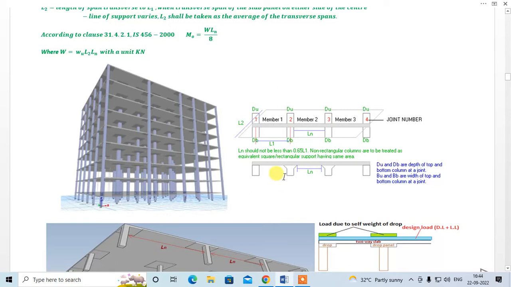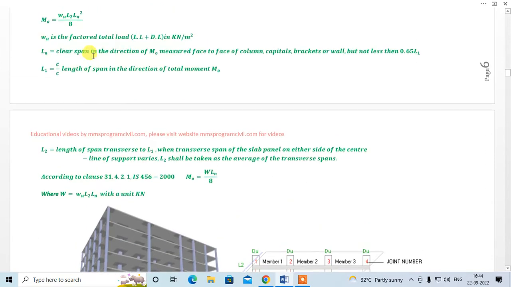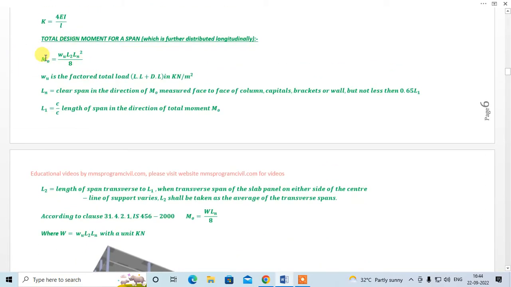And so Wu L2 into Ln will give you the total load for a particular span, or you can say a panel, and that is your capital W.